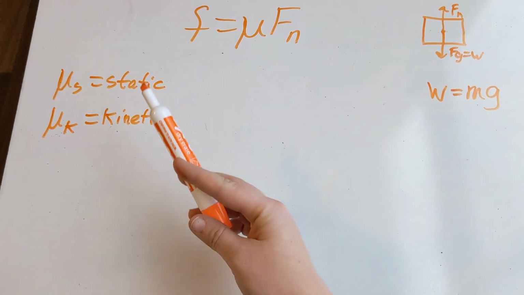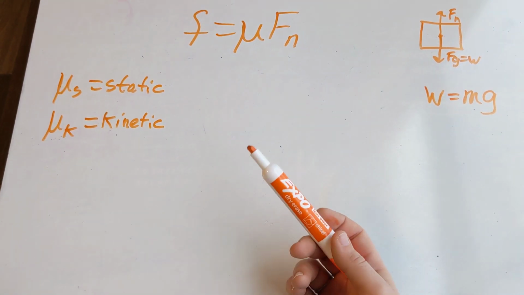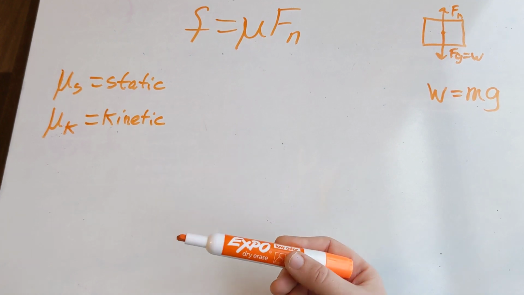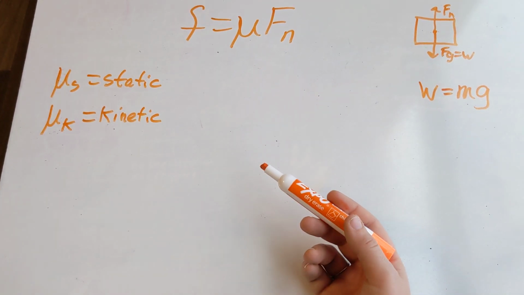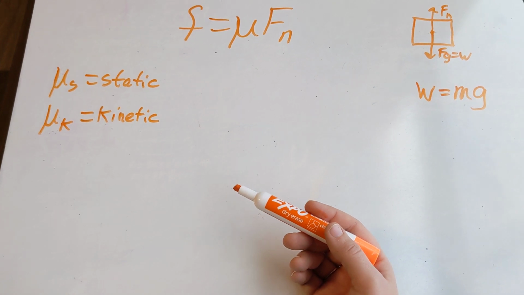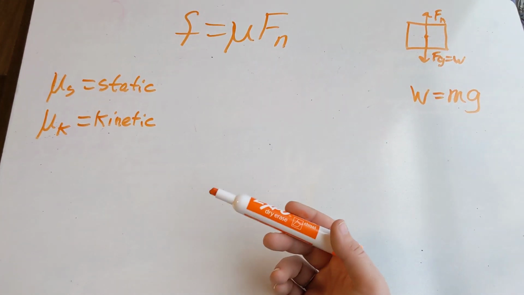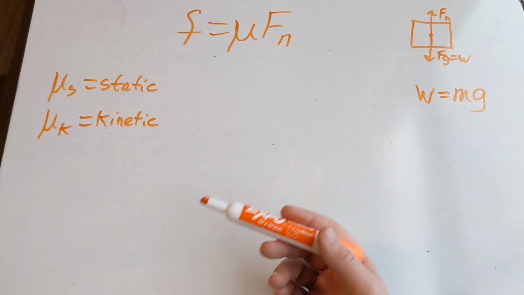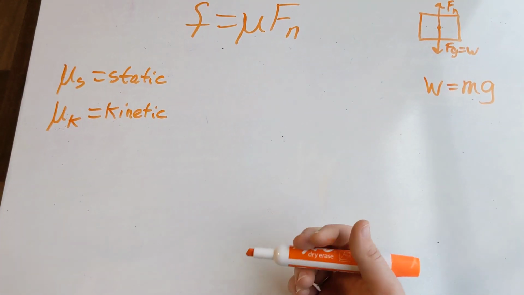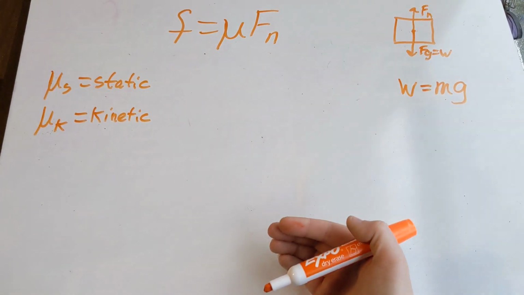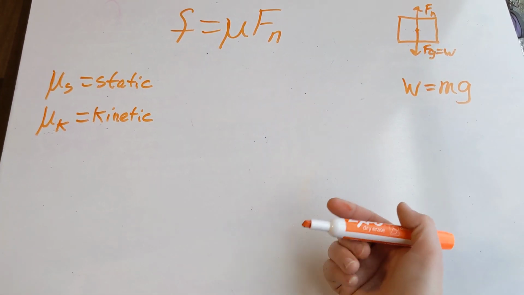So with this, back to static. Static friction is always going to be greater than kinetic friction. If they give you a list of two frictions that are applying on an object, they'll generally label them, but if for whatever reason they didn't, whatever the smaller one is going to be your kinetic, and the larger one is going to be the static, because it always takes more force to get that object moving than it does to keep it moving once it's moving.